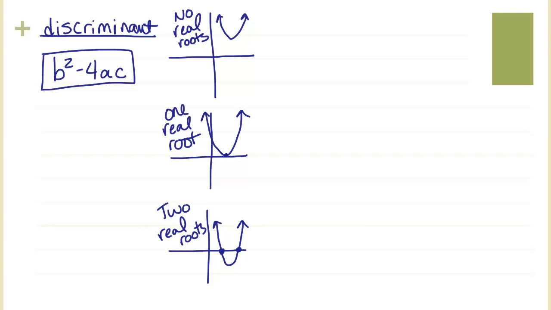And just by plugging in A, B, and C and doing that little bit of math, you can tell which one of those situations you're going to have. And I'm going to write it out here, and then we'll do some examples.